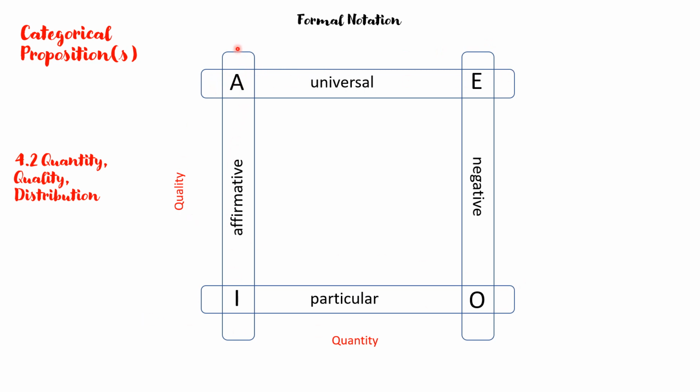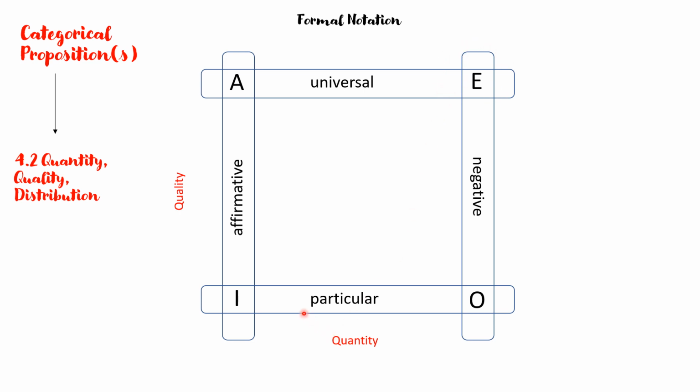The vertical boxes represent the quality of the proposition, while the horizontal ones pertain to their quantity. By their quantity, there are two universal propositions, the A proposition and the E proposition. So there are universal affirmative statements and universal negative statements.